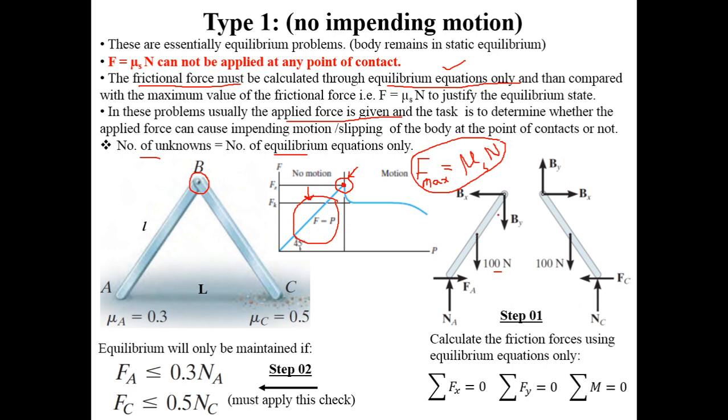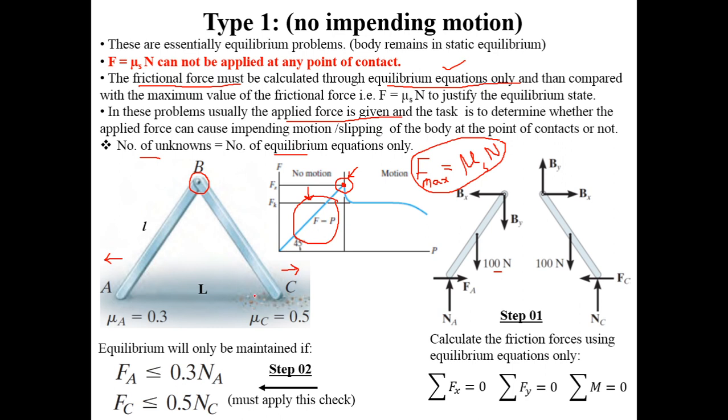and this weight is basically acting at the center of gravity of this member, which is L by 2, and then two unknowns appearing at point A, which is the friction force and the normal reaction. Now imagine that if these weights are going to disturb the equilibrium of this structure, then this point A is going to start slipping in this direction, and this in this direction.